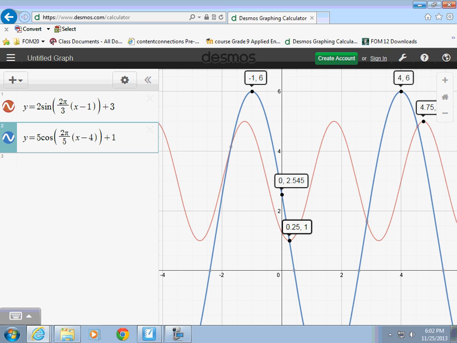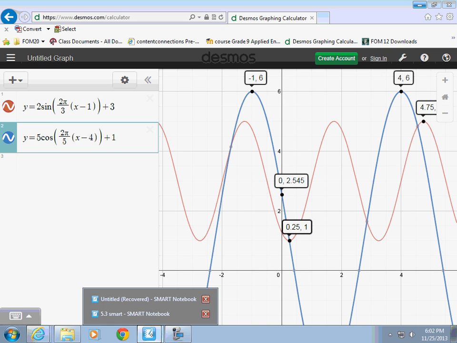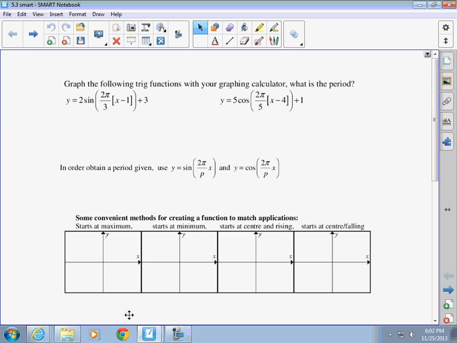The other way that we've been doing it is what you're used to in your notes. So we know that period is equal to 2 pi over b. Our b value for this one is 2 pi over 3.